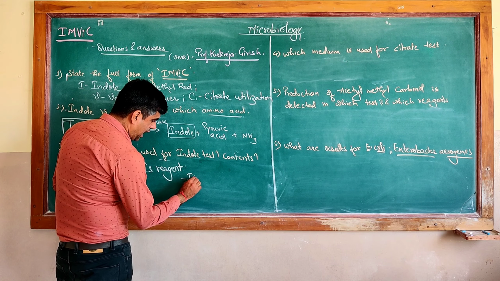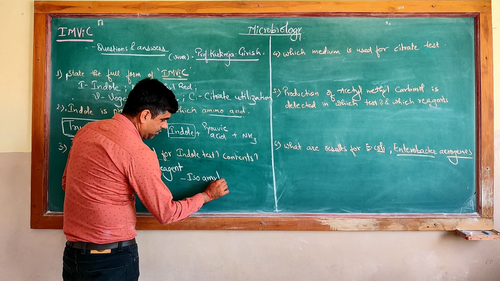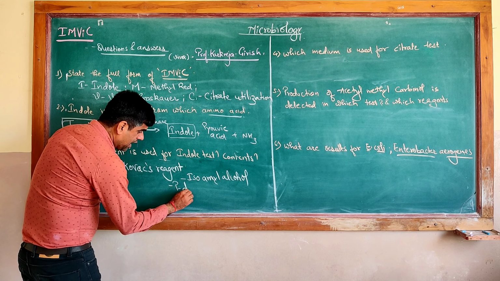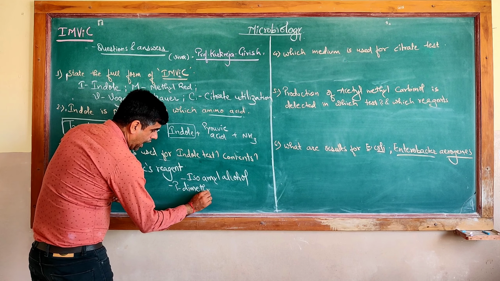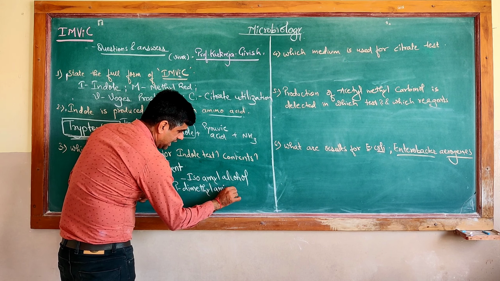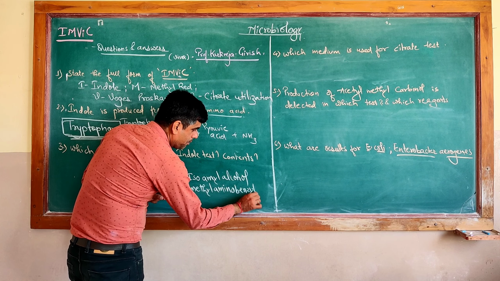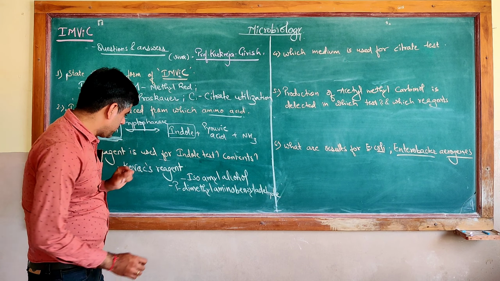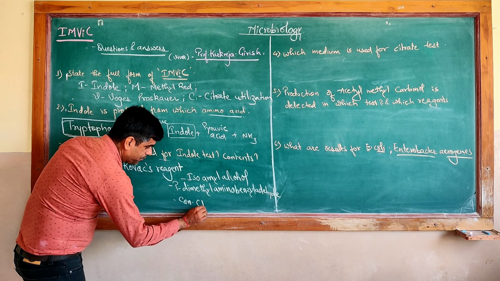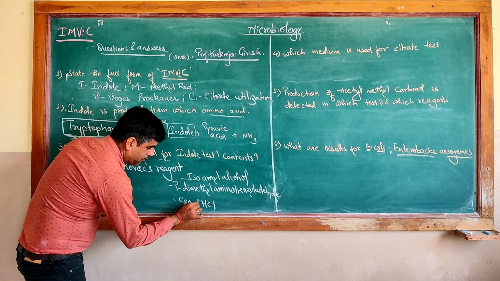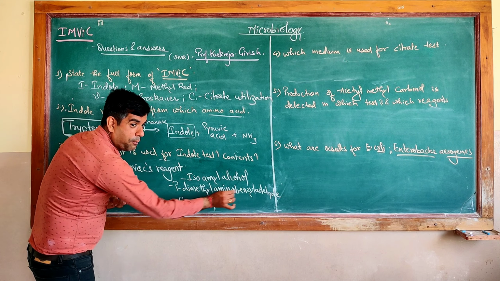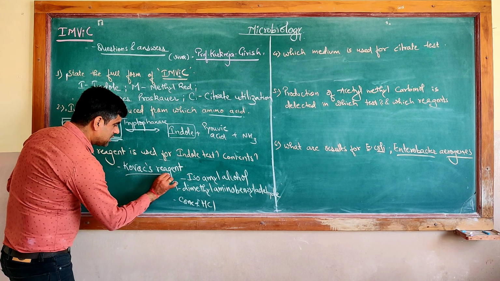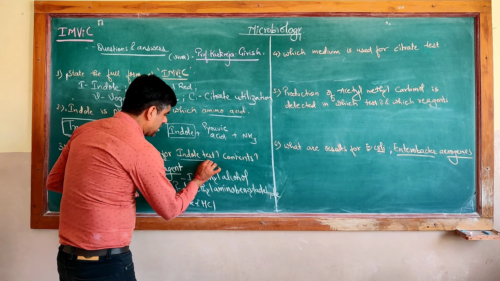It contains isoamyl alcohol, para-dimethylaminobenzaldehyde, remember this, and concentrated HCl. So three components, para-dimethylaminobenzaldehyde, isoamyl alcohol and concentrated HCl make up this Kovac's reagent.